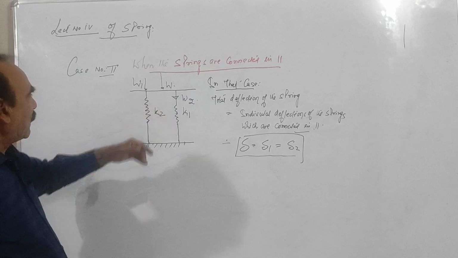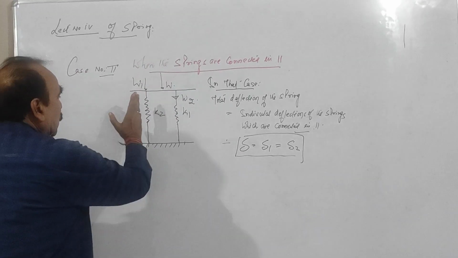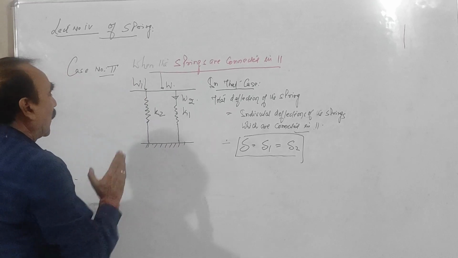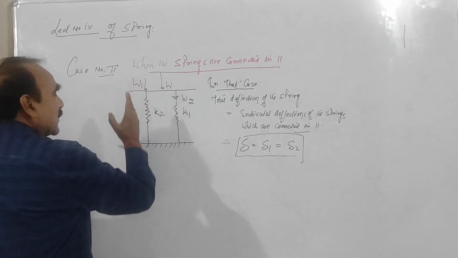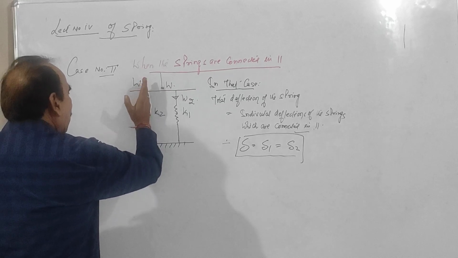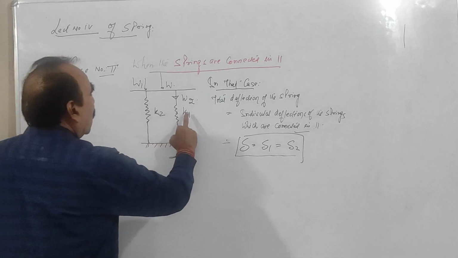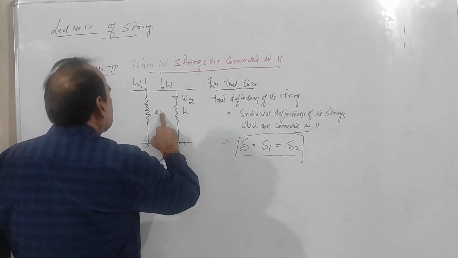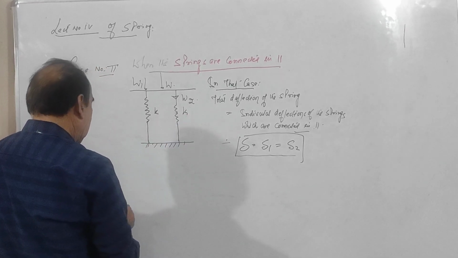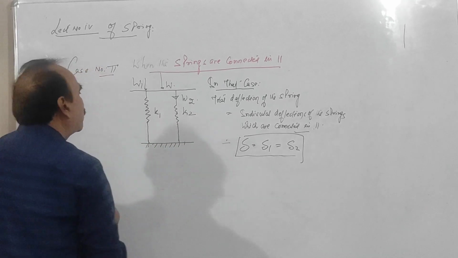So इस केस में क्या करेंगे, ये आपका टोटल लोड था which is acting on the springs, ये आपका प्लेट है, इसके ऊपर टोटल लोड एक्ट कर रहा है W, राइट? सो स्प्रिंग्स आर कनेक्टेड इन पैरेलल, सो व्हाट हैपेंस, द लोड इज डिवाइडेड इन टू पार्ट्स. वन पार्ट यू कैन से दिस इज W1, वन पार्ट इज एक्टिंग ऑन दिस स्प्रिंग, दिस इज नॉट K2, दिस इज K1 because I have written here 1, this is K2, right?